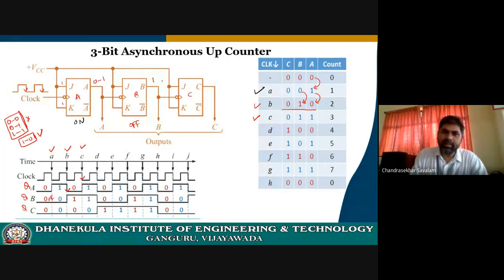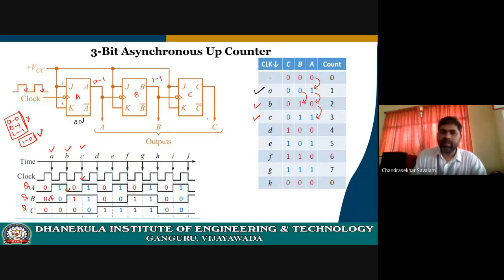So we are maintaining the same value, even though the J and K are 1, but this is not the clock actually. So clock should be 1 to 0, but here we are getting 0 to 1. So this is not the clock. That means this flip-flop is off. This flip-flop off means we are maintaining previous state, so that we are maintaining the same value. See here, previous state is 1, next state also 1.